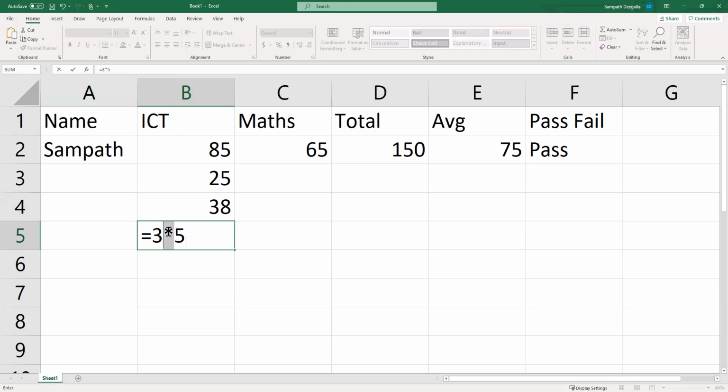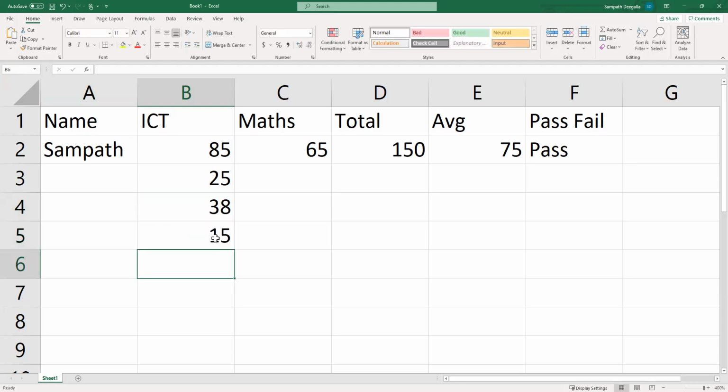This is the symbol that we use to represent multiplication. So when you press enter, you'll get 15. Then we have division, like let's say I'm going to divide 10 by 3. So we use slash to represent the division.